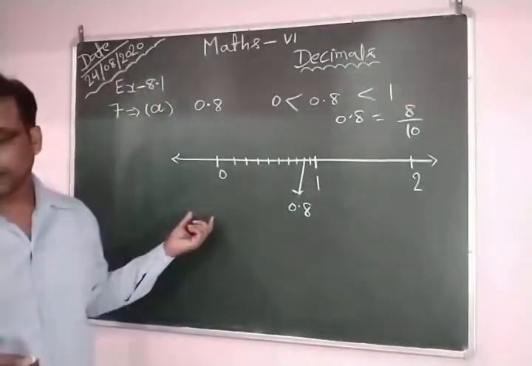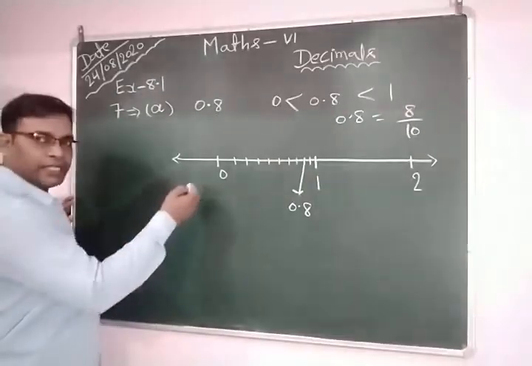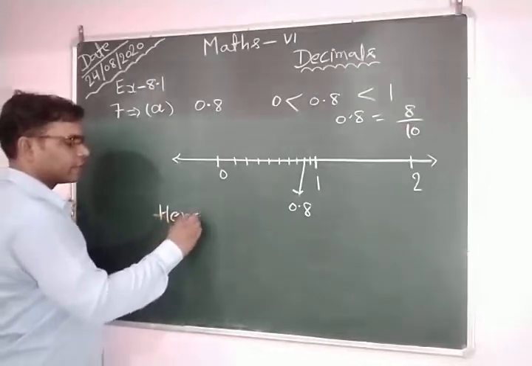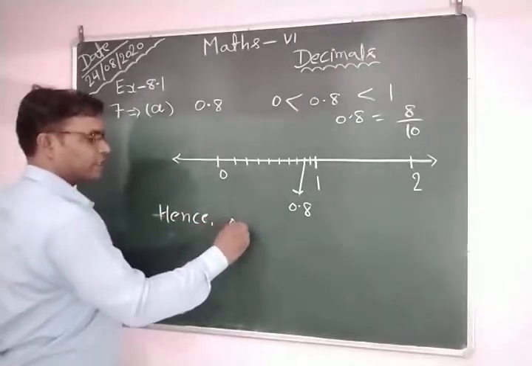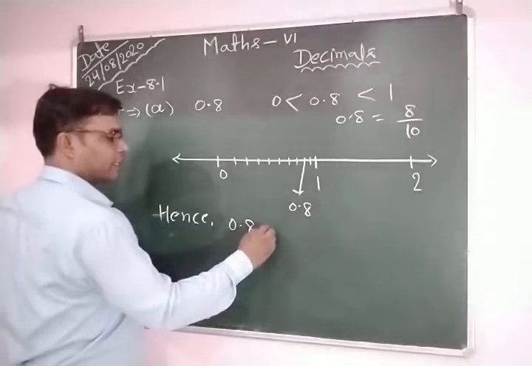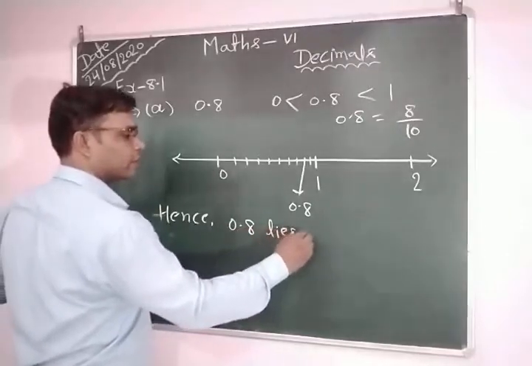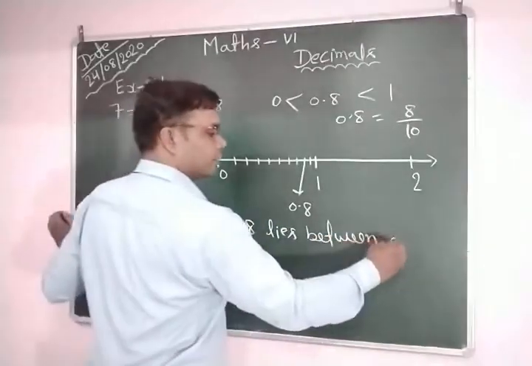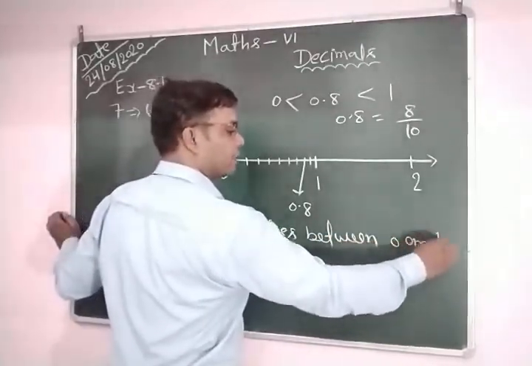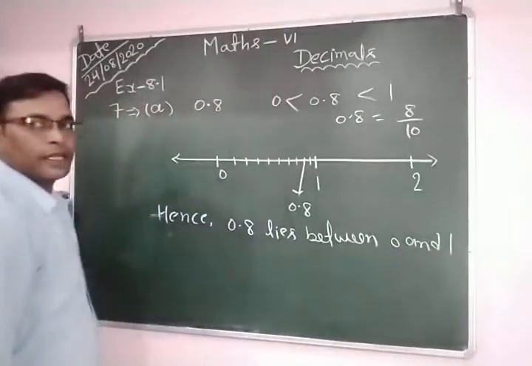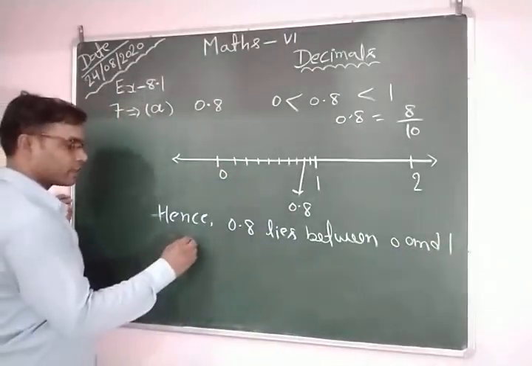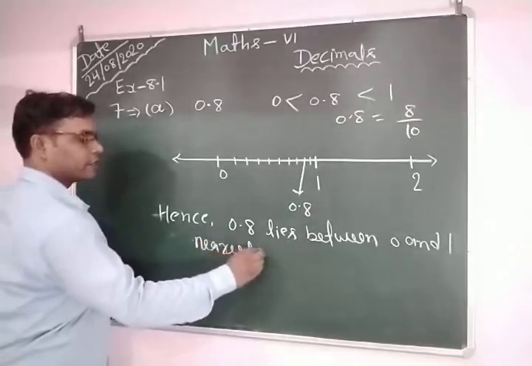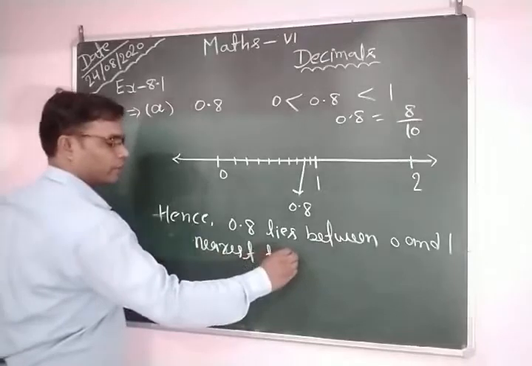Okay, so you can write here, this implies that hence 0.8 lies between 0 and 1, nearest to 1.